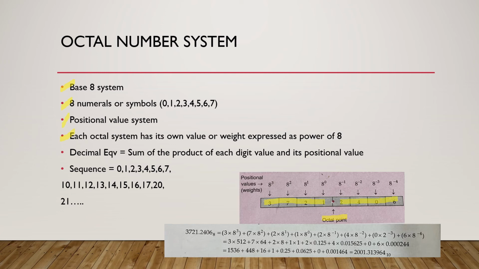Here we can see the MSB is the digit 3 and the LSB is 6. The example octal number given is 3721.2406, and we can get the decimal equivalent by taking the sum of the product of each digit value and its positional value.